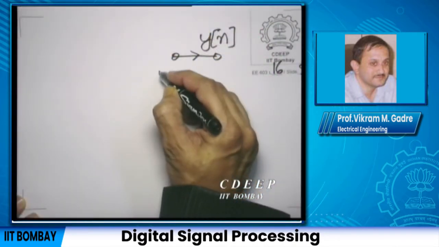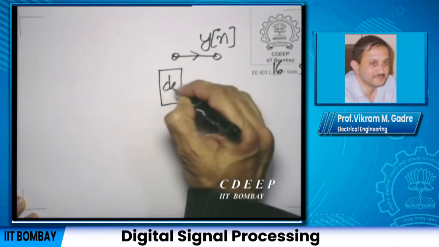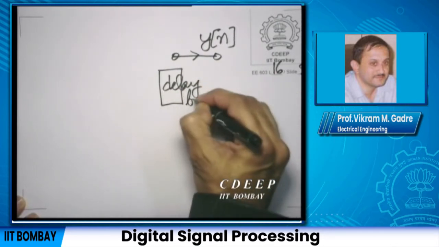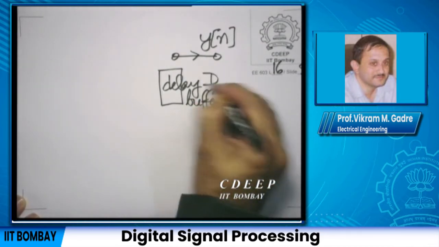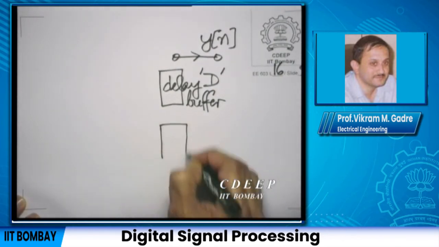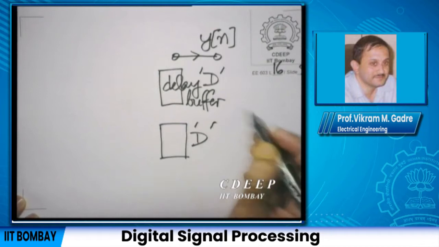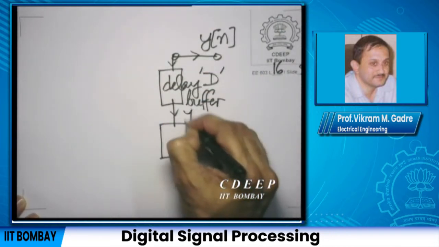Now, in that timing mechanism, what you do is introduce what you call memory. So, you introduce a delay buffer, which we will denote by D. In fact, introduce two of them. So, when you feed y(n) to a delay buffer, what you get is y of n minus 1.